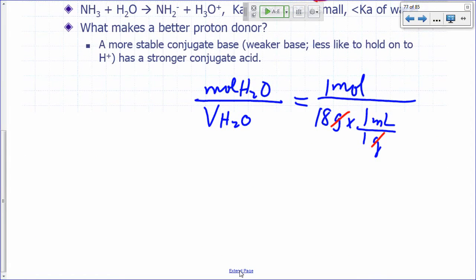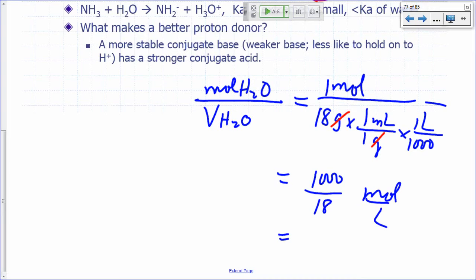And let's change this to liters because we want moles per liter. So times 1 liter over 1,000 mils. That ends up being 1,000 over 18 moles per liter. What's 1,000 divided by 18? 55, right?